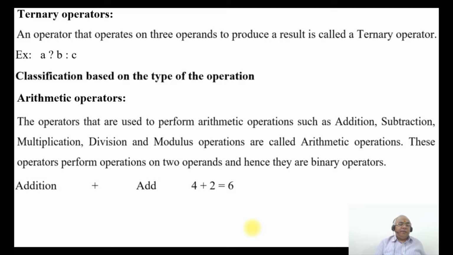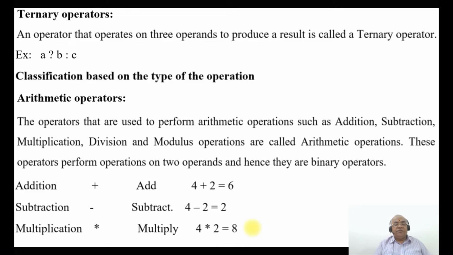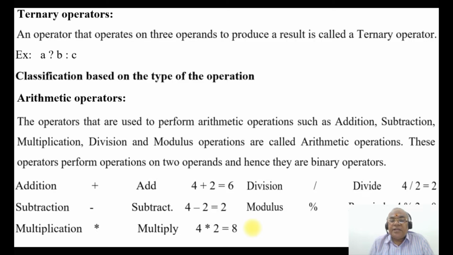Subtraction: 4 minus 2 equals 2. Multiplication: 4 star 2 is equal to 8. Division: 4 divided by 2 is equal to 2. Modulus is the remainder: 4 % 2, the remainder is 0, so it is equal to 0.